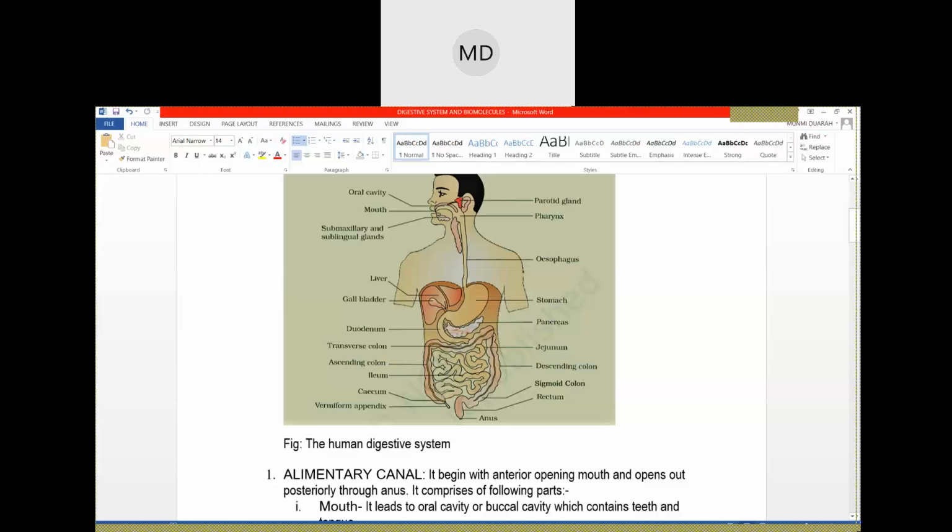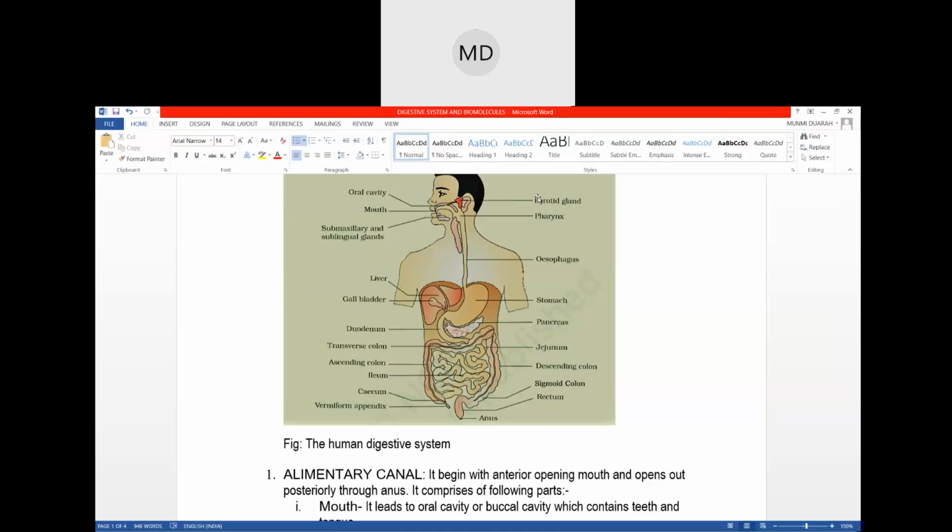Can you repeat the salivary gland? Yes, I'll have to share again. Before that, the salivary gland has only one purpose, that is to release saliva. The salivary gland is a type of exocrine gland, because it has a duct known as the salivary duct.